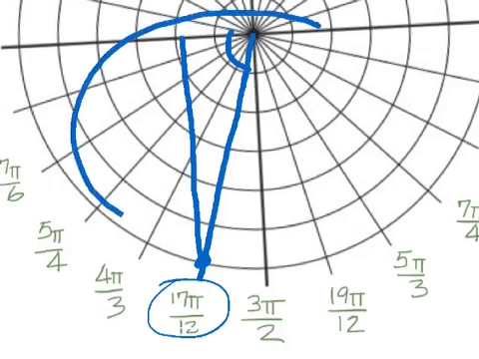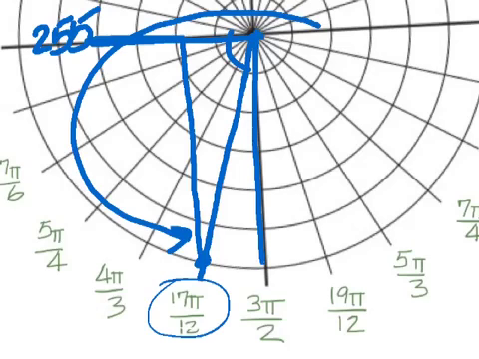It is true that from here all the way over is 255 degrees, but you do not need all of that. Remember, how many degrees is it from here over to here? 90 degrees.